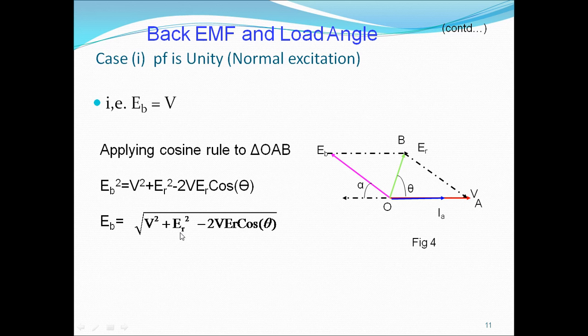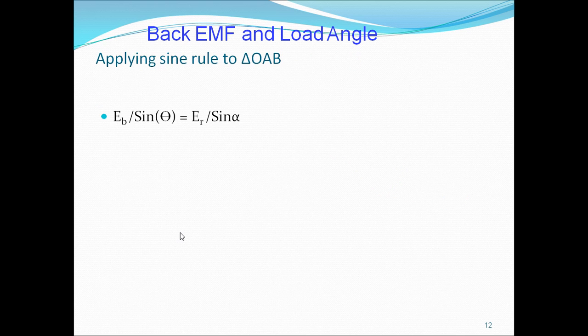Current is in phase with the voltage, so phi is 0. So the equation is EB equal to square root of V square plus ER square minus 2VER cos theta. To calculate the load angle, again we take the triangle OAB and apply the sine rule, that is EB by sine theta is equal to ER by sine alpha.